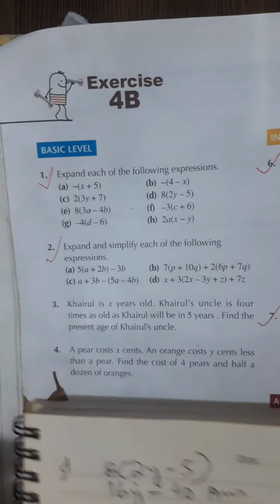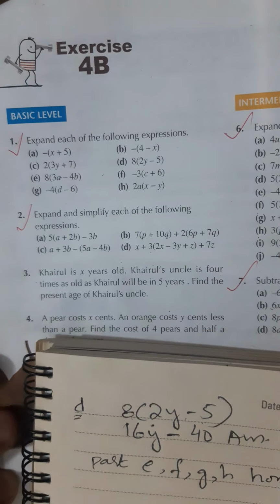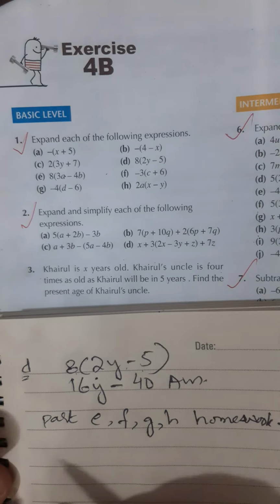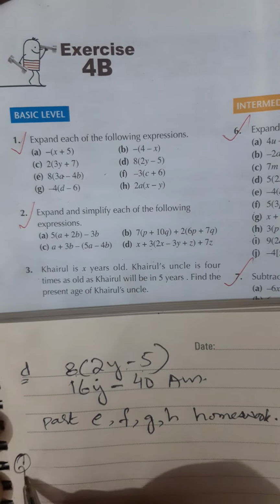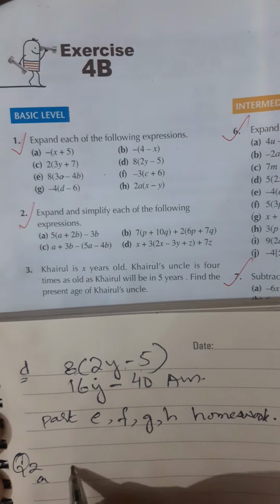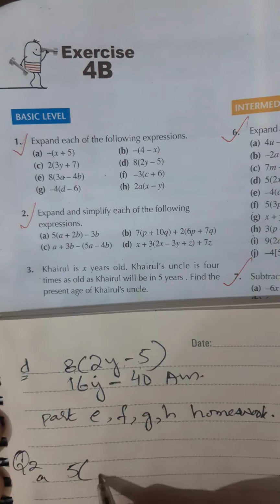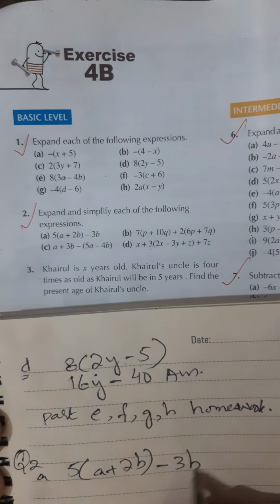Now we will start question number 2. It's also the same expansion: expand and simplify each of the following expressions. Question number 2. First, part A is 5 bracket a plus 2b minus 3b.